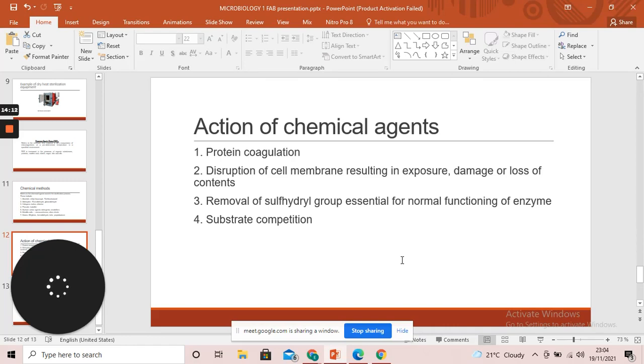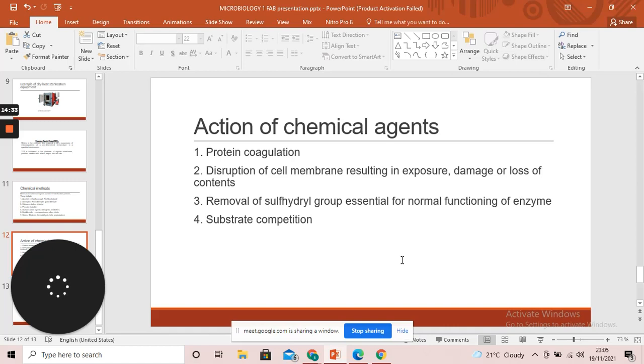The third method of action is removal of the sulfhydryl group, which is essential for the normal functioning of the enzymes of the microorganism. So once these enzymes have been deactivated, the microorganism will be destroyed.